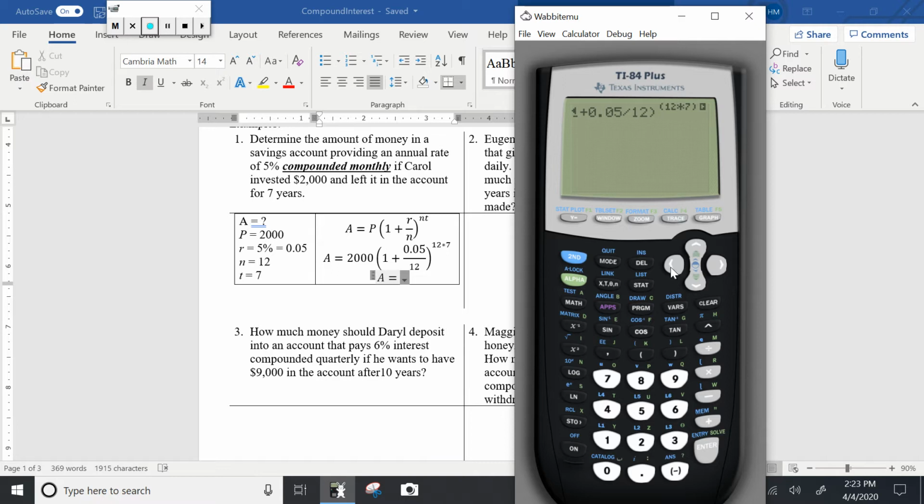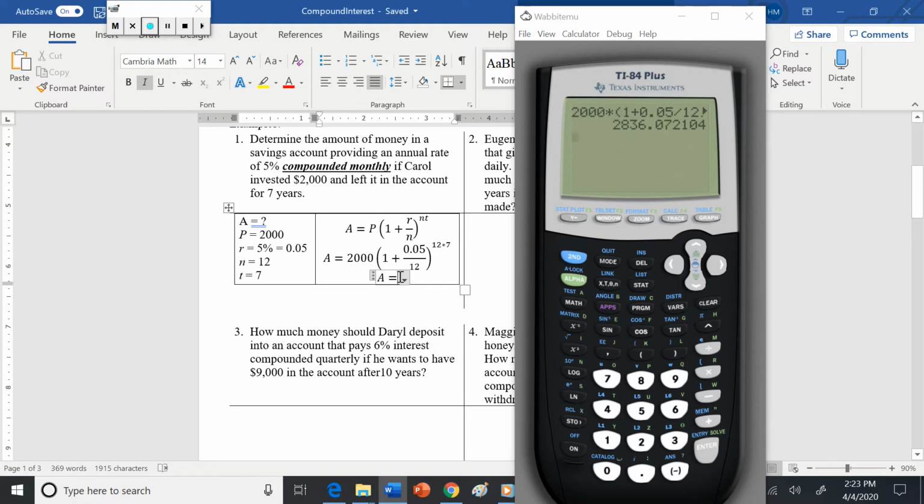Regardless, it's always a good idea to do that. So now I'm going to double check that what I typed in is what I want. 2,000 times, in parentheses, 1 plus 0.05 divided by 12, close the parentheses, raised to the power of 12 times 7. Okay, and I'll press equals.